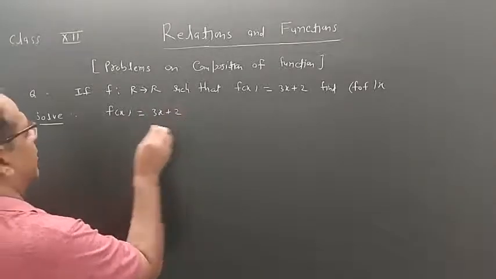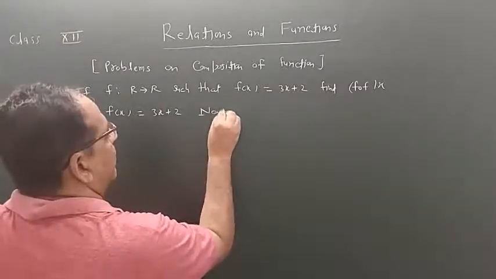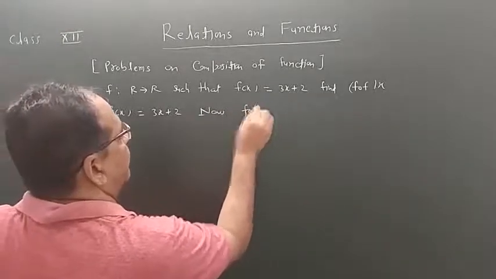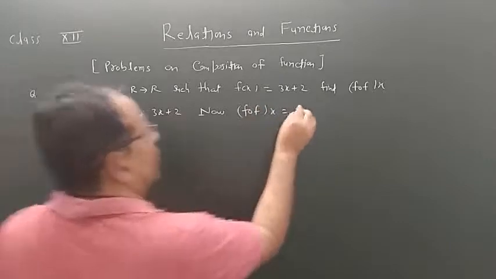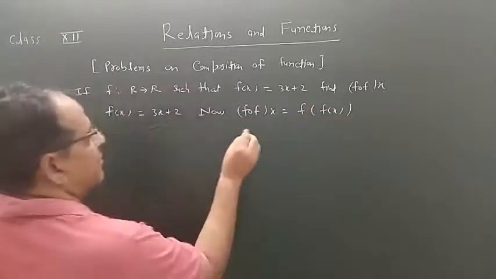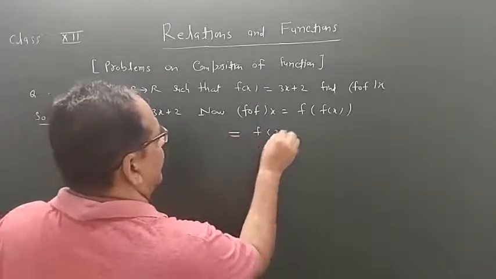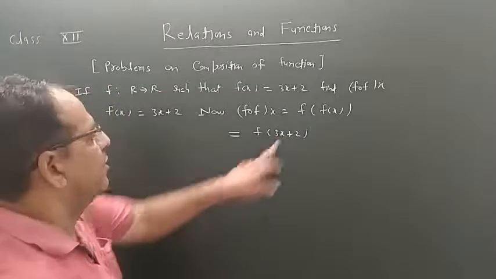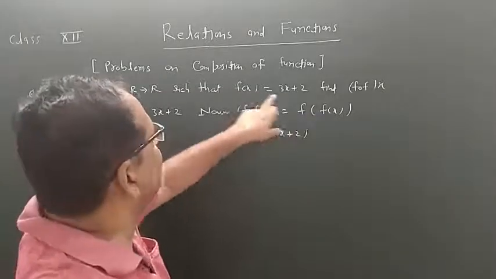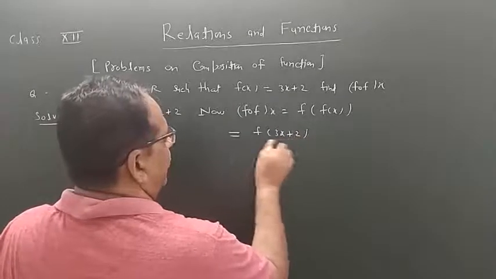Now fof(x) equals f of f(x), which equals f of 3x plus 2, and now 3x plus 2 works as x.